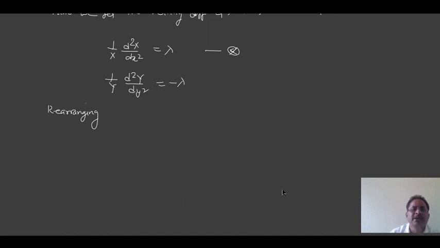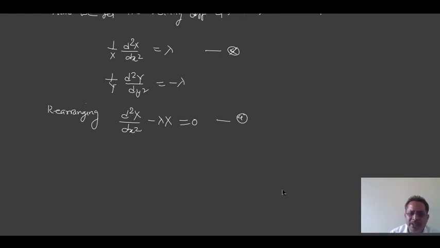Now rearrange this. You can take this X here, so it becomes lambda X, and the right hand side term can again be taken on the left hand side. So rearranging, the first differential equation is d square X upon dx square minus lambda into X is equal to 0. This is my equation 4 now.